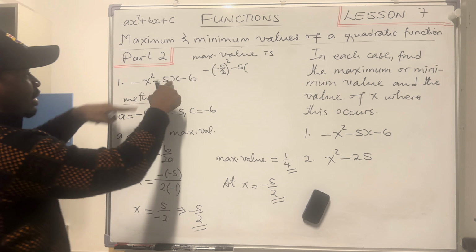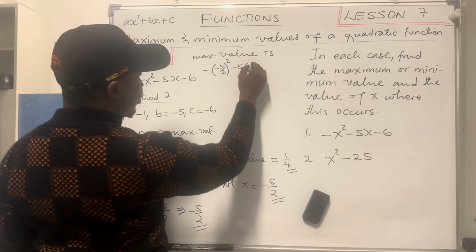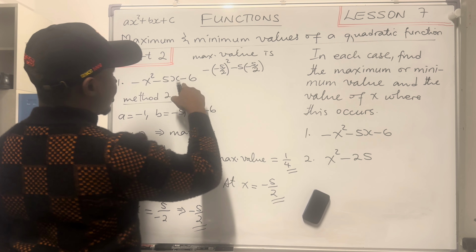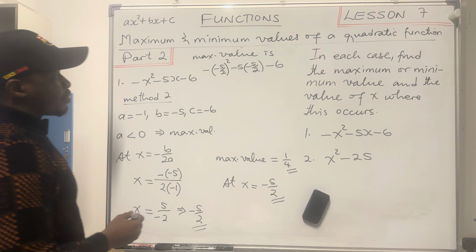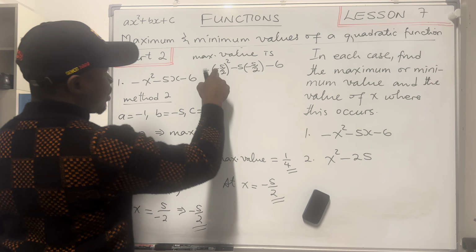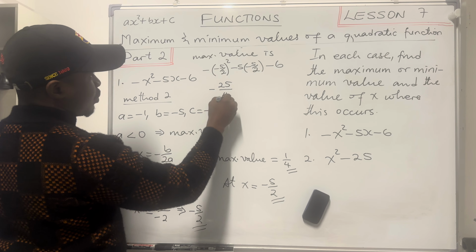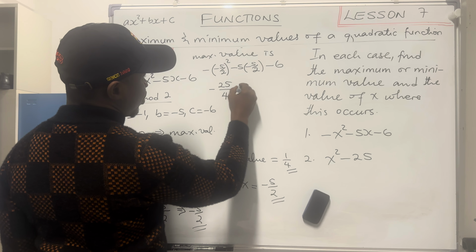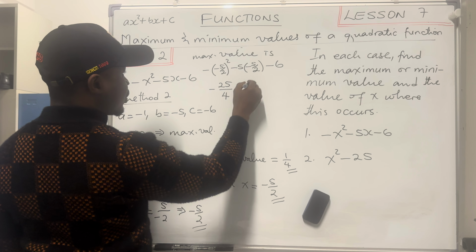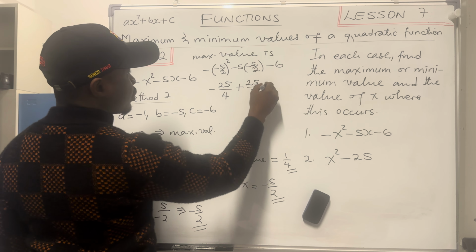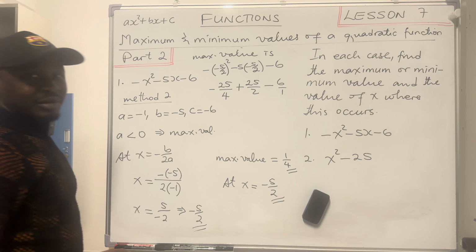Then minus 5 times x again, x is minus 5 over 2. Then minus 6. So we have a minus outside. Minus 5 squared is 25, over 2 squared is 4. Minus by minus is plus. 5 by 5 is 25 over 2 minus 6.